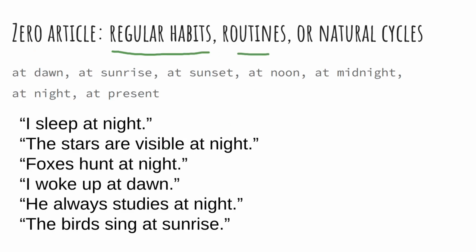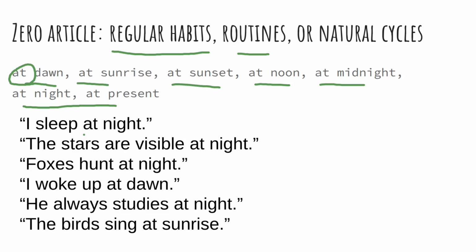At dawn. At sunrise. At sunset. At noon. At midnight. At night. At present. In these expressions, we are talking about general time periods, not a specific moment, but recurring or typical times of day.